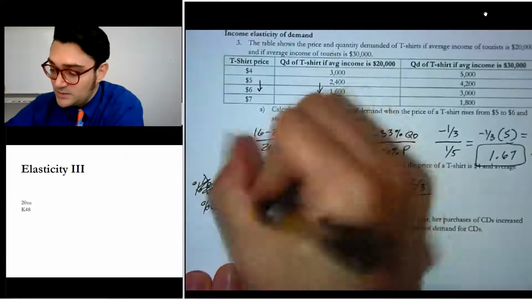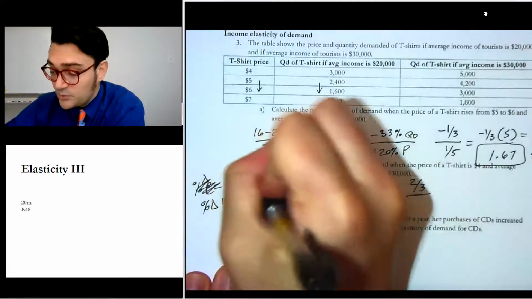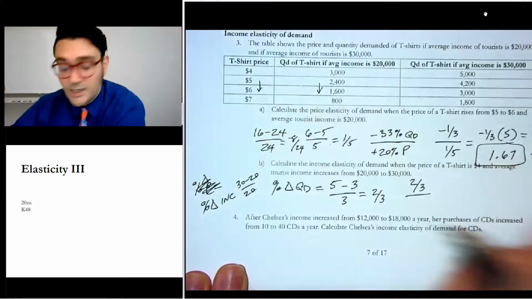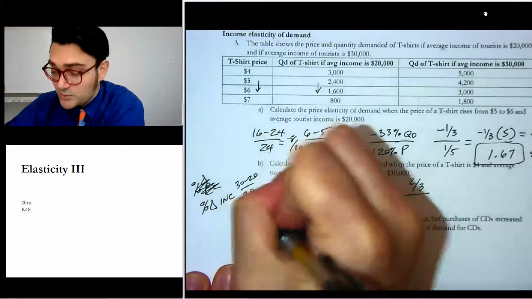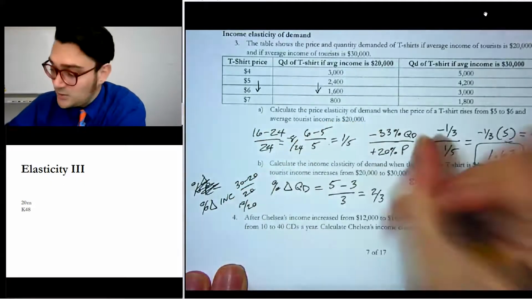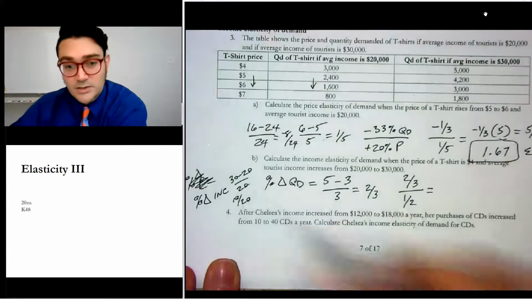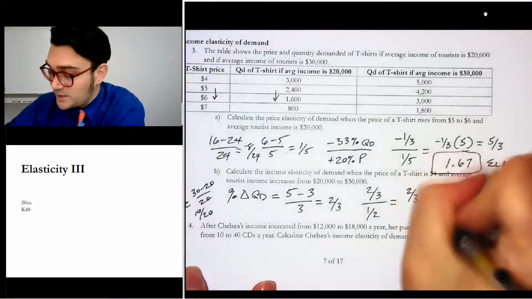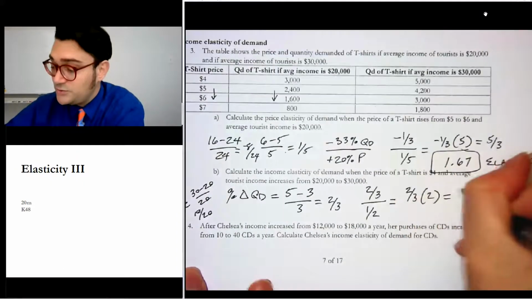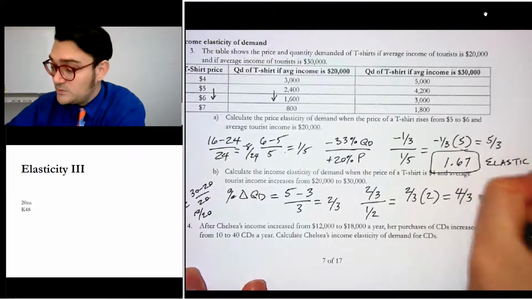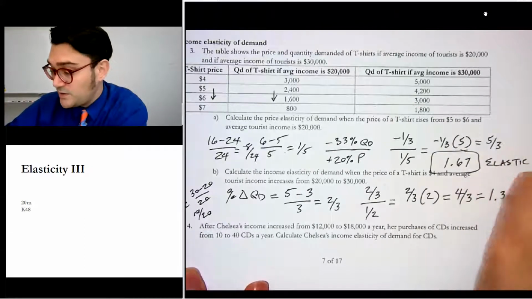So that's new 30 minus 20 over 20. And so that's 10 over 20, that's 50%. Or you can actually just say 1/2. So 2/3 times 2 is equal to 4/3, which is 1.33.